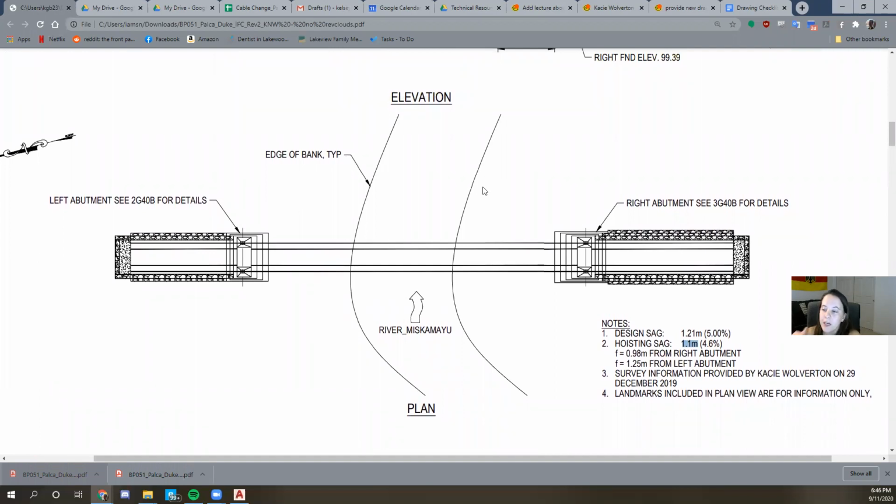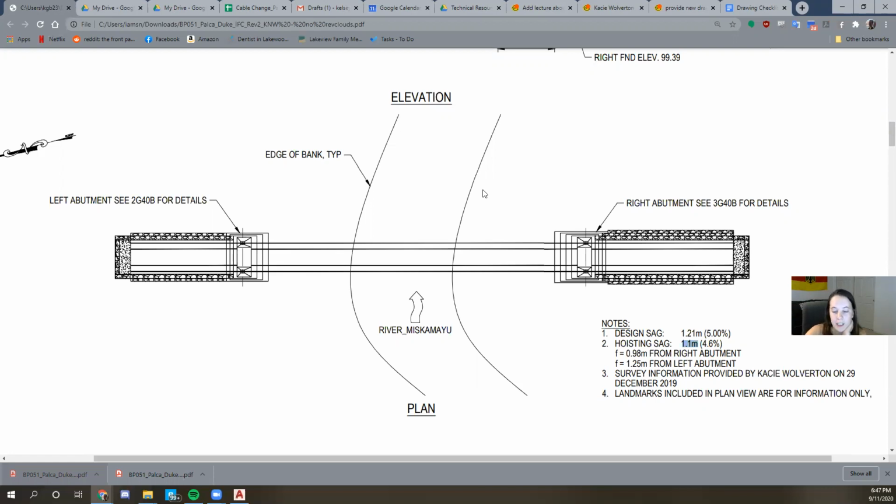When you're ready to put the cables on the bridge, or even the day before, depending on how things are going, you'll want this 0.98 value on the drawing. You'll want to go out to your tower, bring out a level, and measure down 0.98 meters exactly.